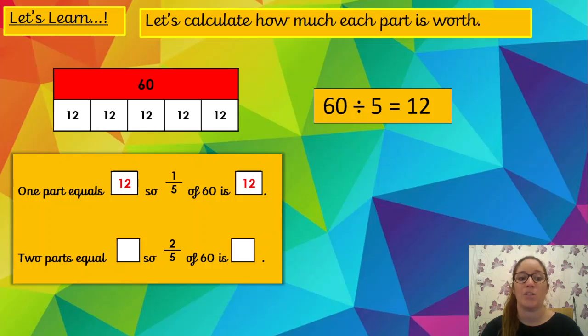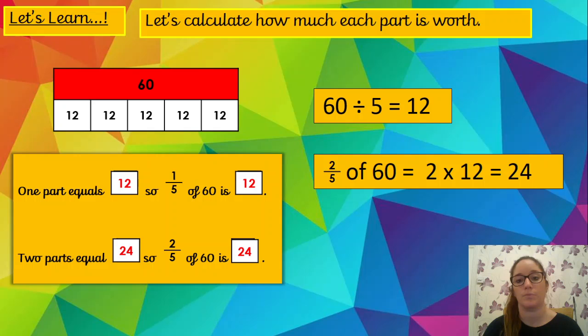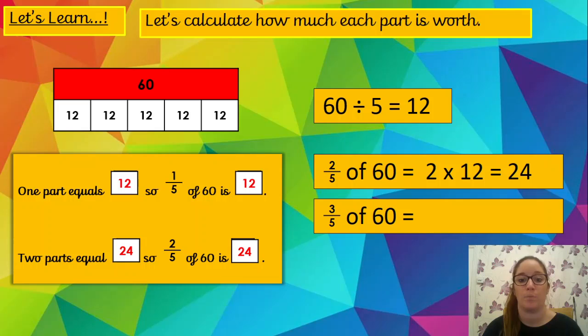Okay, so let's find 2 equal parts. So we know that 1 part is 12, so 2 parts is 24. So 2/5 of 60 is 24. Okay, so 2/5 of 60 is 2 times 12 because we know 1 part is 12, so we're just timesing that by 2.